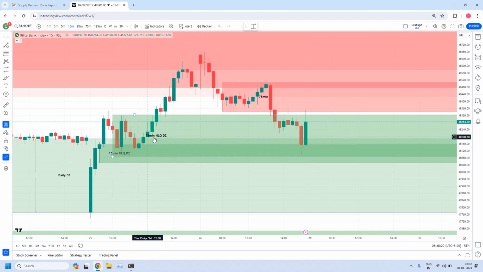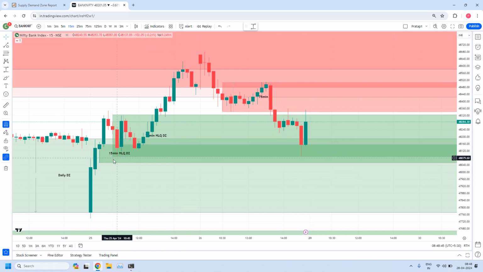See, this is 15 minutes and 75 minutes, both are high liquidity demand zones. They are having the confluence, but see the trick, how cleverly institutions created this zone confluence. The zone confluence is at the distal line of the 75 minutes high liquidity demand zone. At some point, it looks like this 75 minutes high liquidity demand zone will be violated.